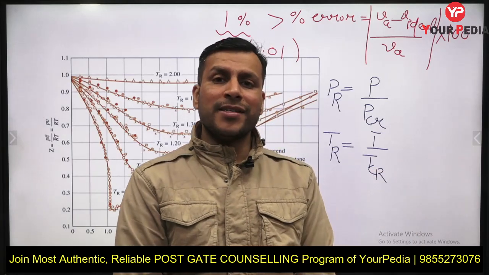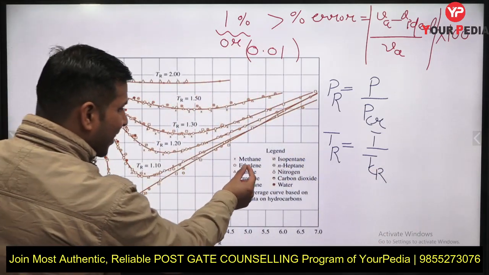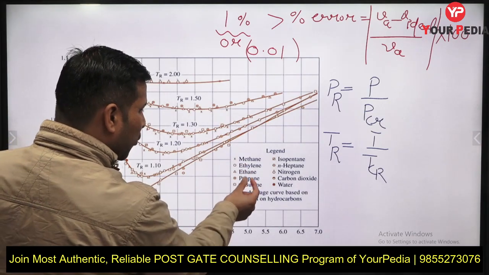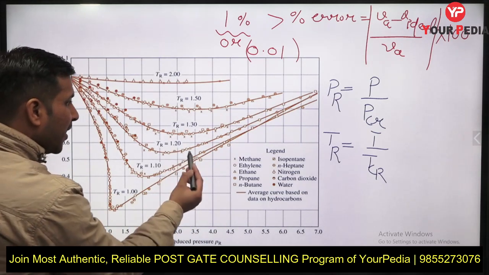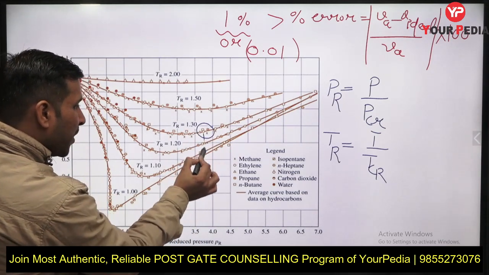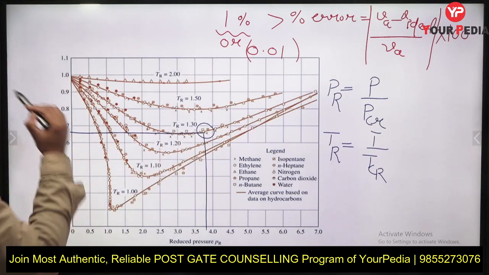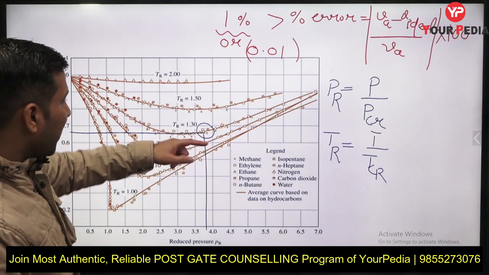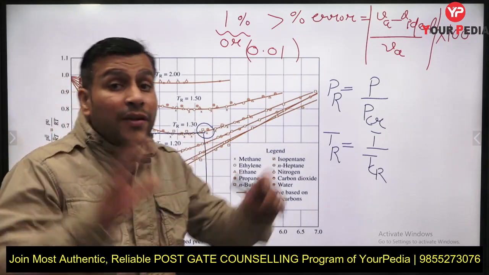Why are these defined, guys? Because it is observed for different gases like methane, ethane, ethylene, propane, butane, if you observe their behavior at the same reduced pressure and the same reduced temperature, their Z value comes out almost the same. The triangle, square and cross here represent different gases.